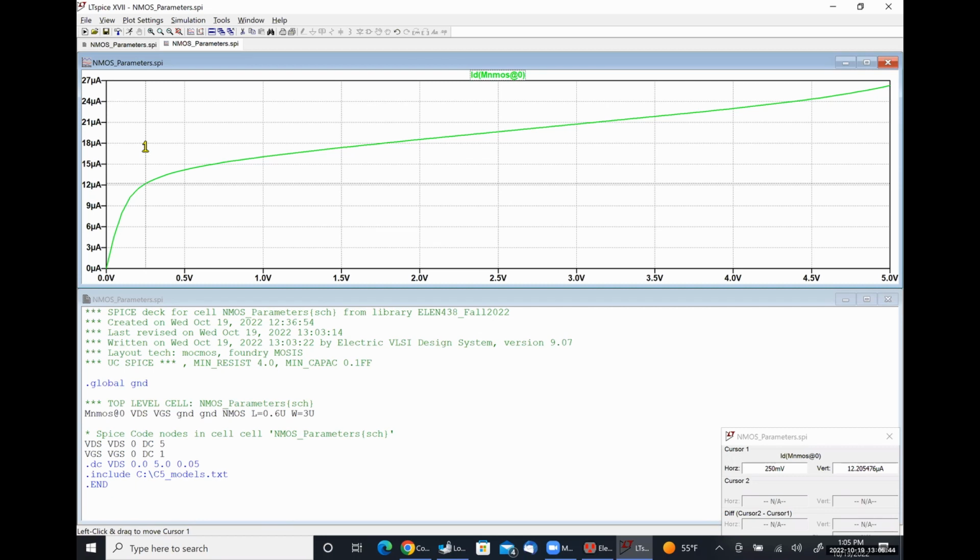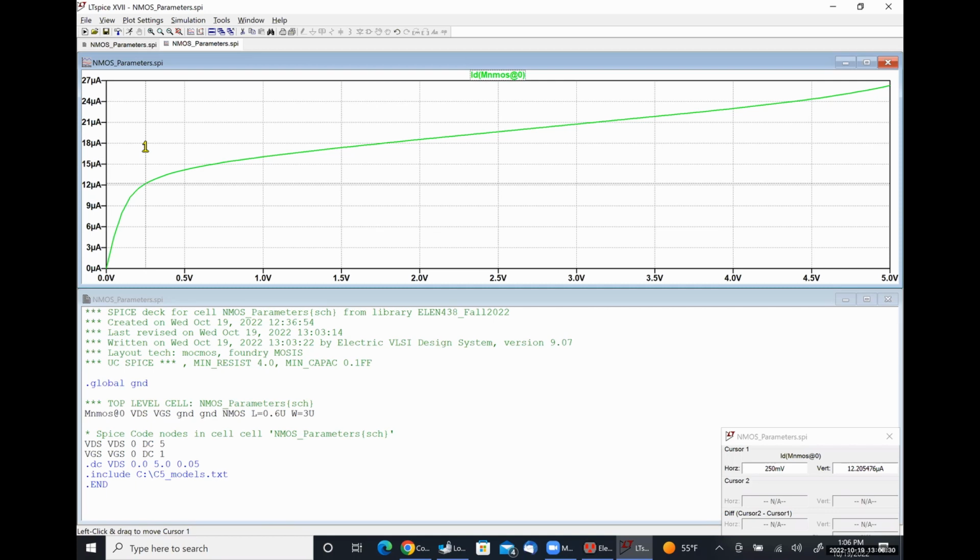I'm just solving for KPN now, right? So KPN is going to be 2 times 12.2 microamps divided by 0.25 volts quantity squared. I'm liking where these units are going because my expectation for mu n Cox should be that it's in units of microamps per volt squared. So 2 times 12.2 over 0.25 squared is 390.4 microamps per volt squared.